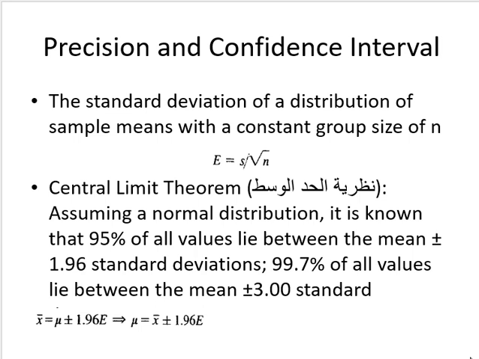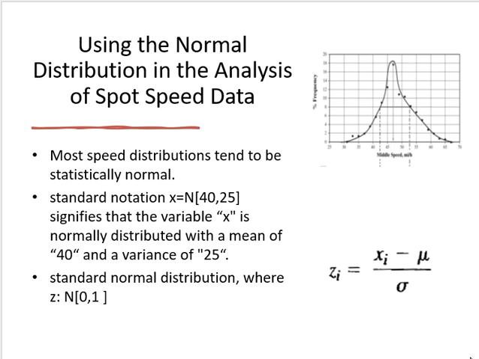Then to find out the range of mean for the entire population of drivers, we use a theorem which is called the central limit theorem. What does central limit theorem say? You have seen the normal distribution curve, right? There is the middle of the curve.